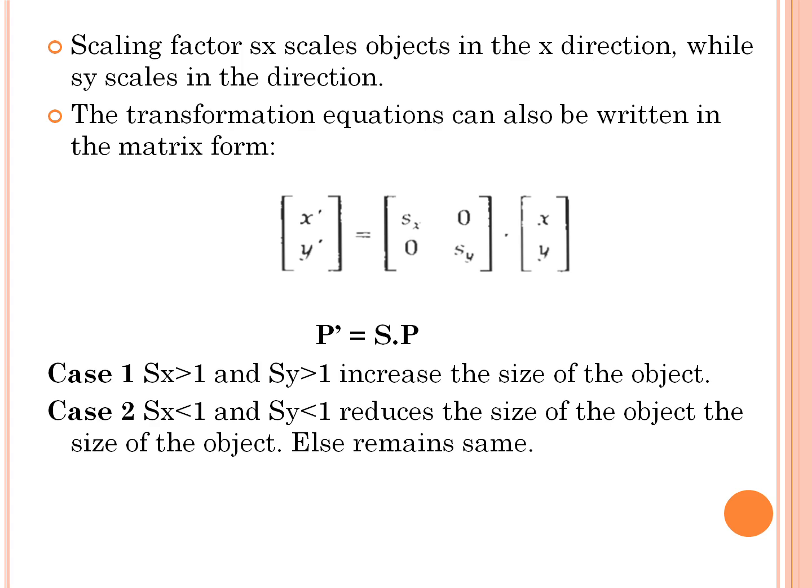In case 2, if sx is less than 1 and sy is also less than 1, then it reduces the size of the object. In case 3, if sx equals 1 and sy equals 1, then it does not change the size of the object. The object remains the same size.